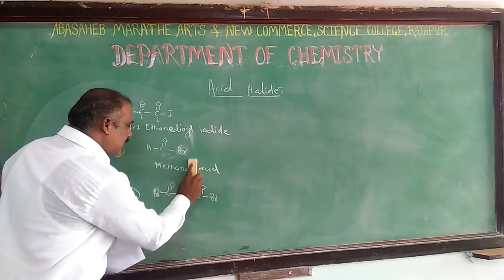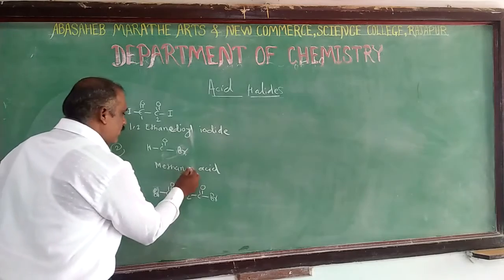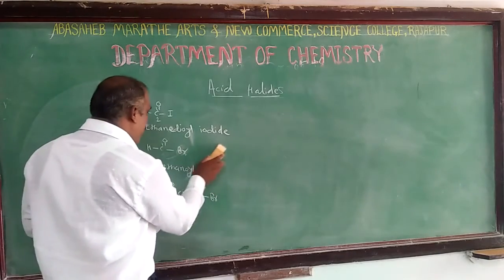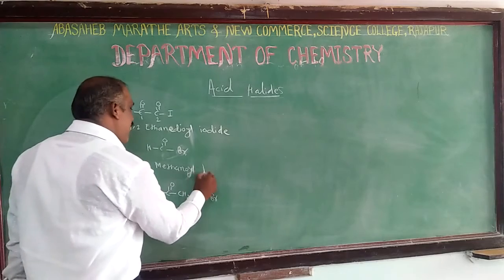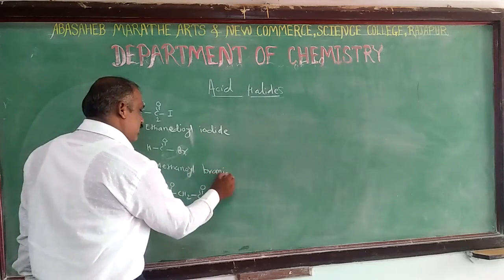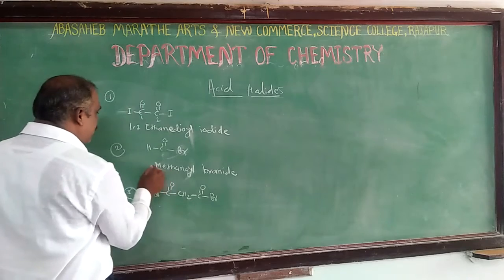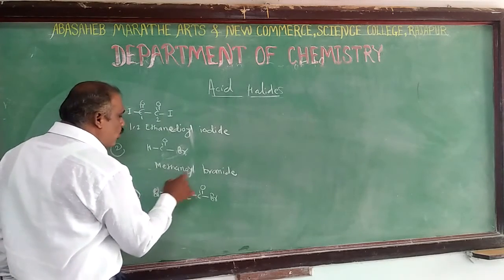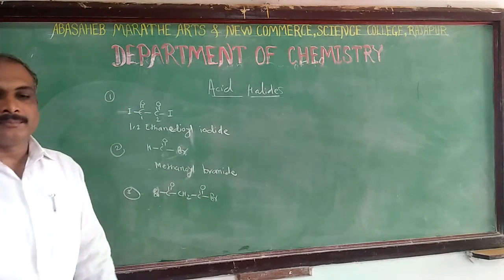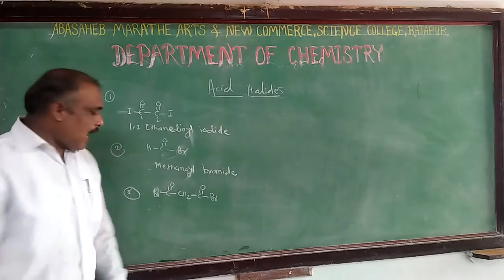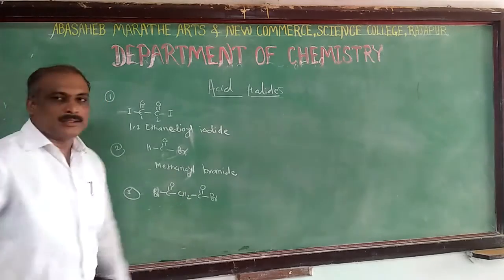This IC is replaced by YL, and the name of the halogen is bromide. So the name, correctly, is methanoyl bromide.